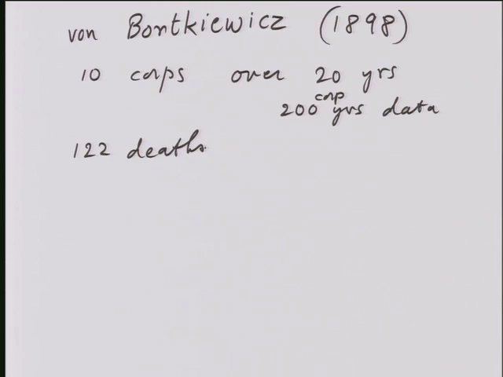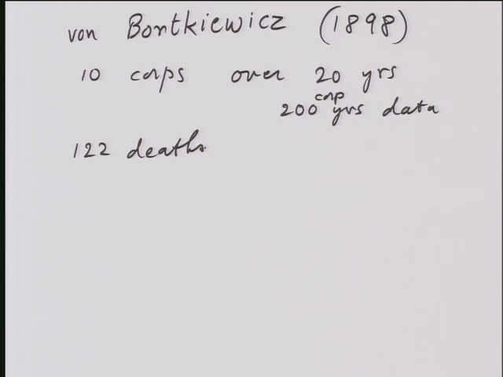Now put yourself in this guy's shoes. He was trying to figure out the chance that there would be 5 deaths in a year in a corps. How would you figure this out from this data? It seems impossible, except once you have the Poisson distribution, it's a piece of cake.